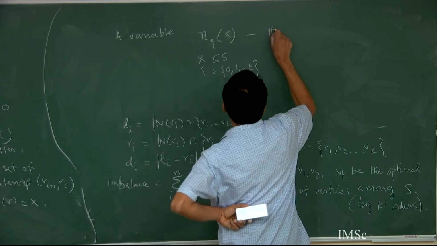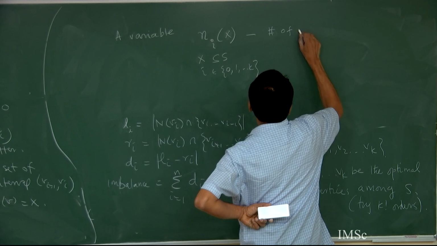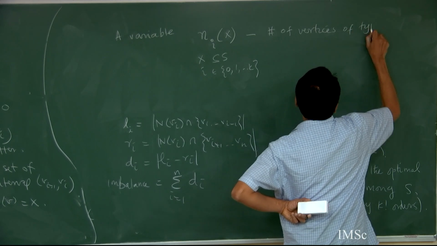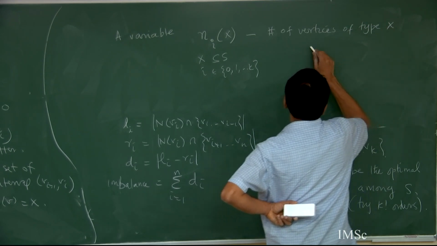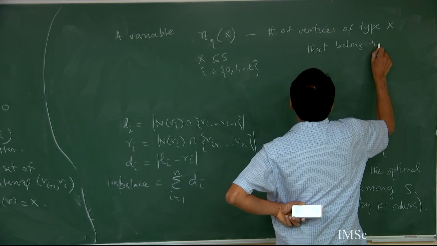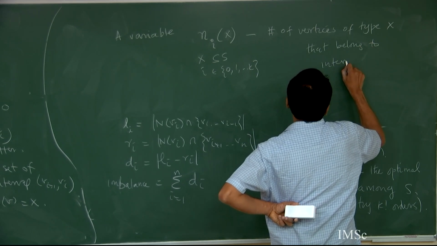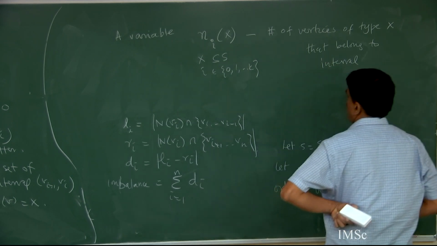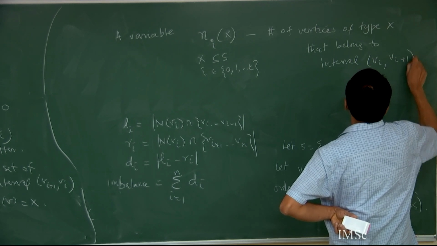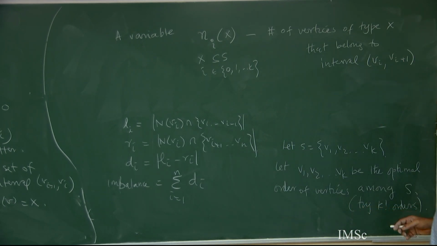It is the number of vertices of type x that belong to interval V_i plus 1. Now we are done once I define this.